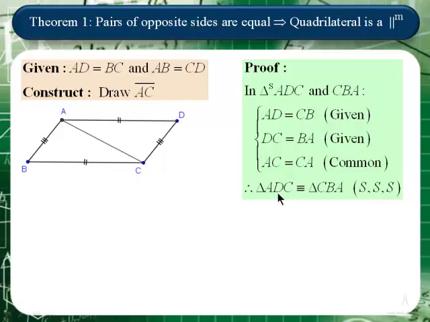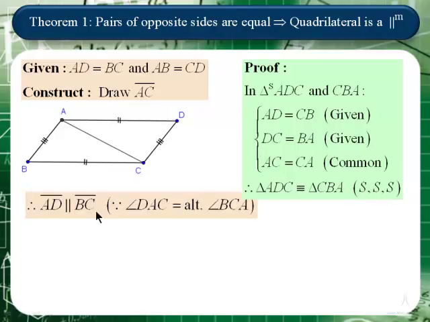So therefore the two triangles, again make sure of the correct order, the triangle ADC is congruent to the triangle CBA due to the side congruency. What can we conclude now?